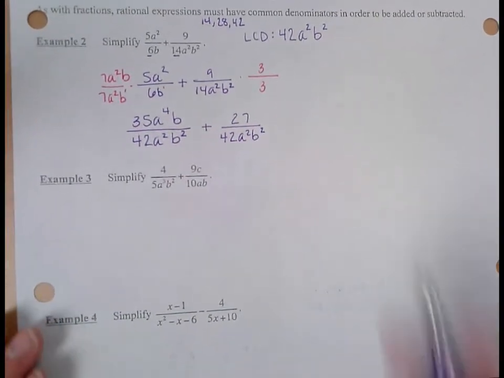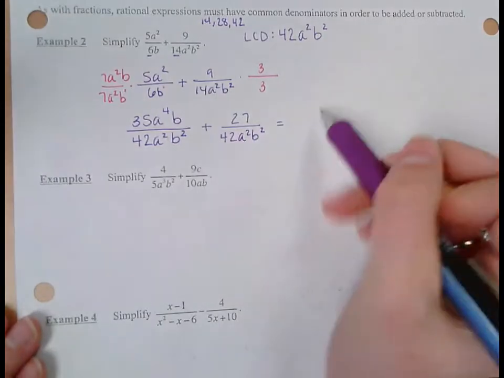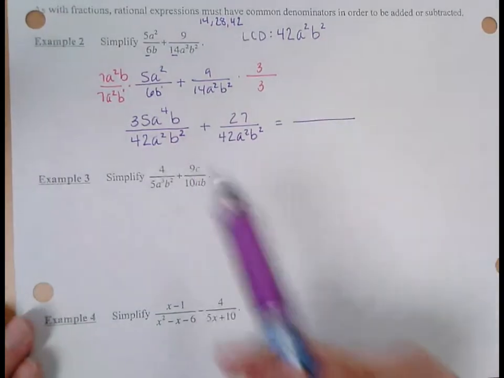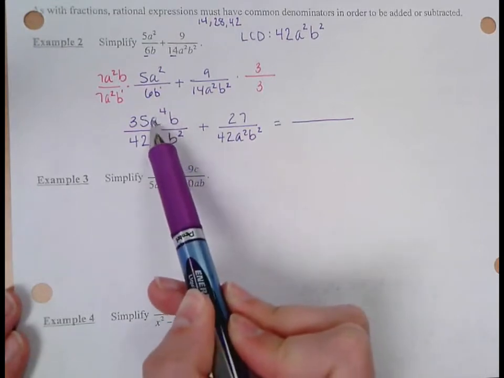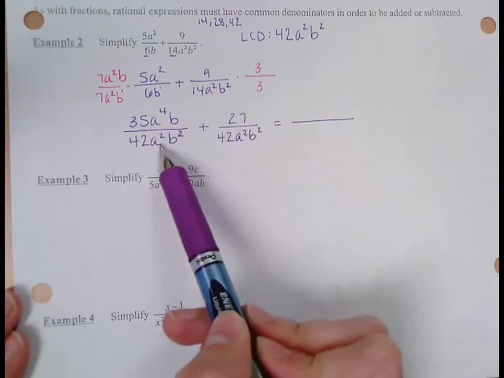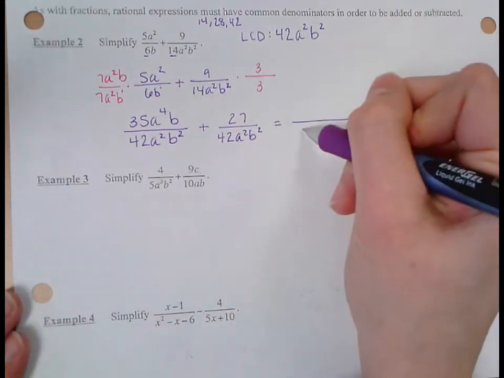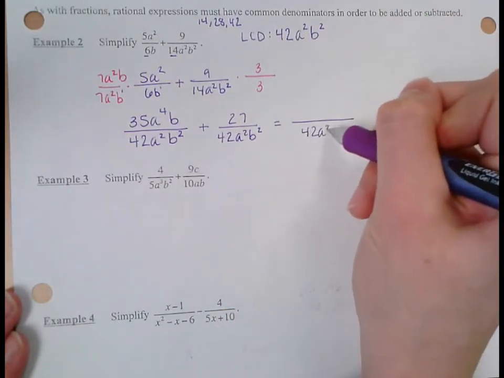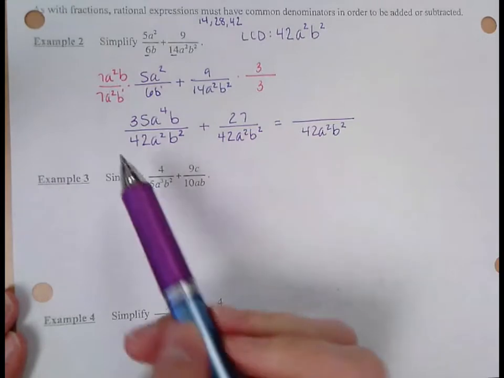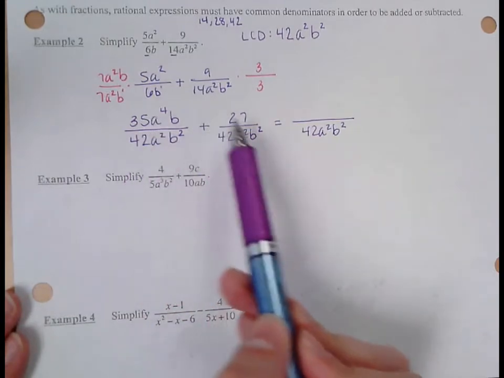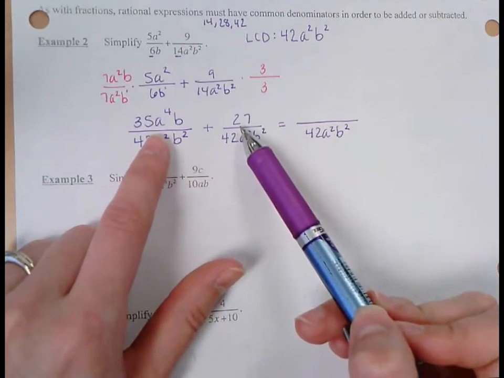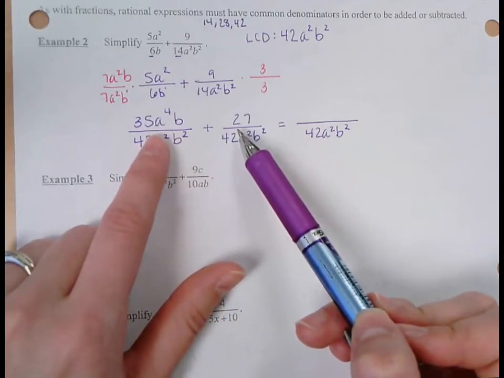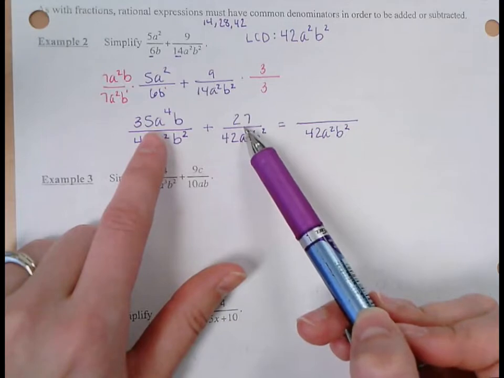And then from here, you just want to write your answer as one fraction. When you have fractions that have the same denominator, you add their numerators together and keep the denominator the same. So the denominator is going to be 42a squared b squared. But here you have to ask yourself when you add the numerators, are these like terms? I hear some no's. They are not like terms.